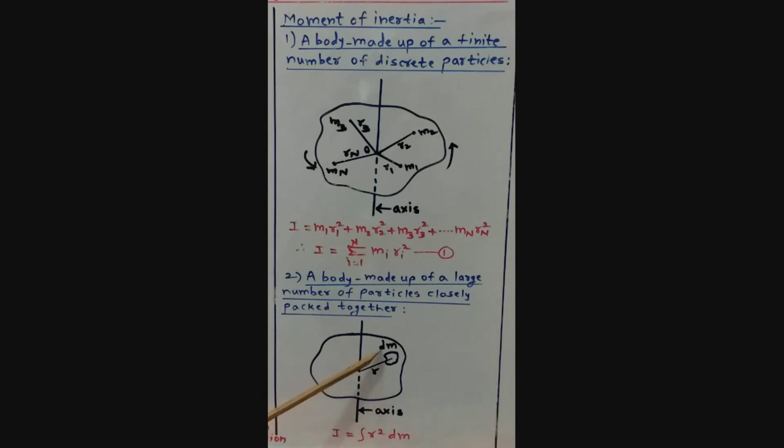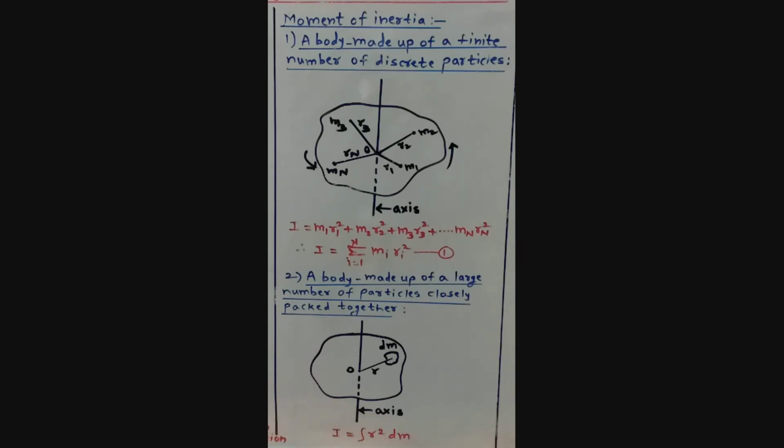If dm is the mass of an element situated at a distance r from the axis of rotation, then the moment of inertia of the body is given by I is equal to integration r square dm. Here r square dm is the moment of inertia of an element about the given axis of rotation, and obviously the moment of inertia of the entire body can be determined by integration, which is I is equal to integration r square dm.